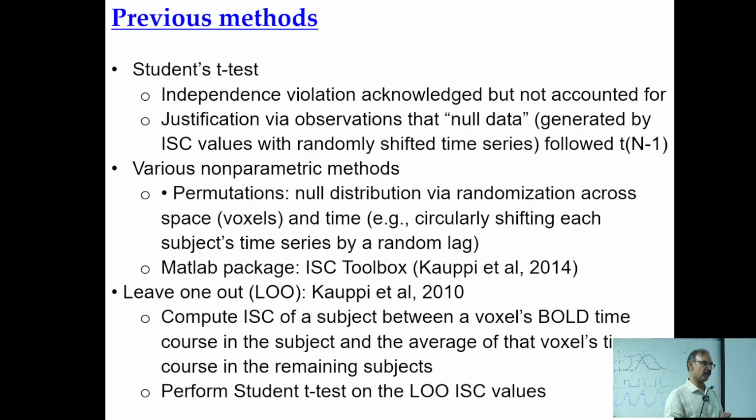And when the data size is not large, you can use a non-parametric method, which does not assume that it's a Gaussian distribution, because it is using the distribution that is there in the data and generating statistics, right?